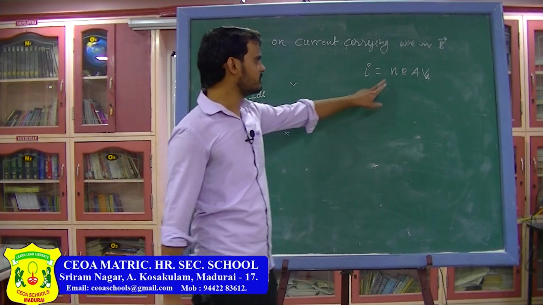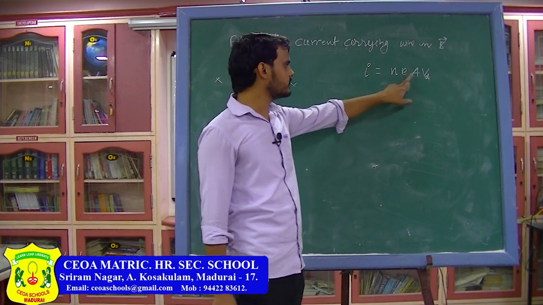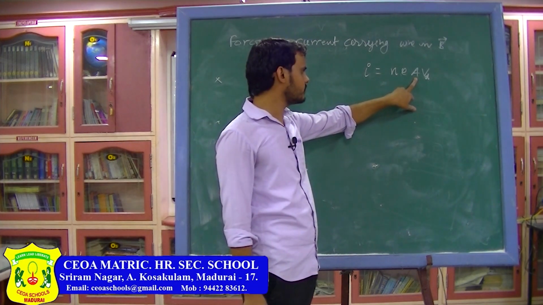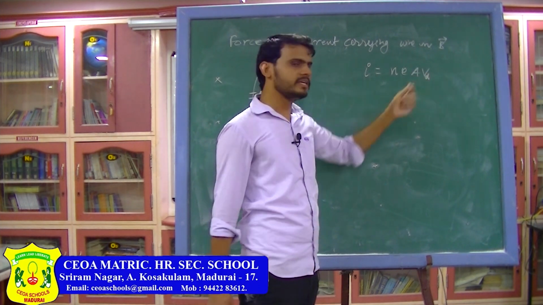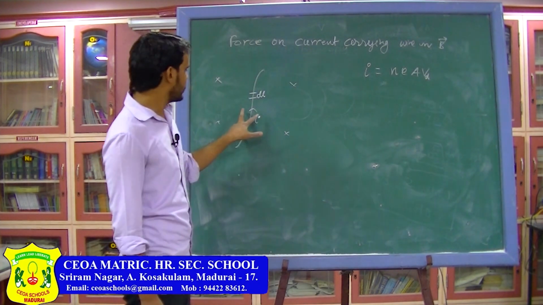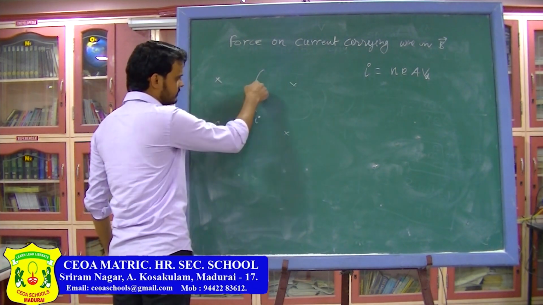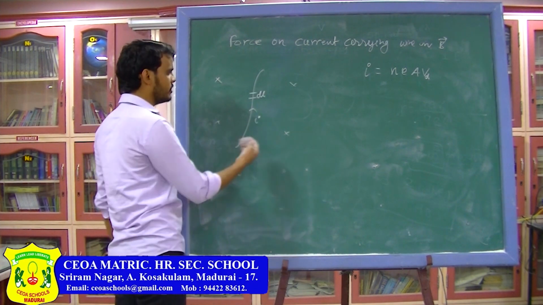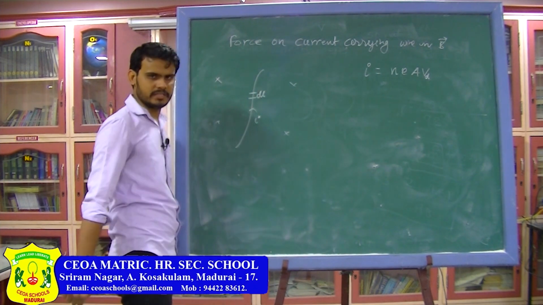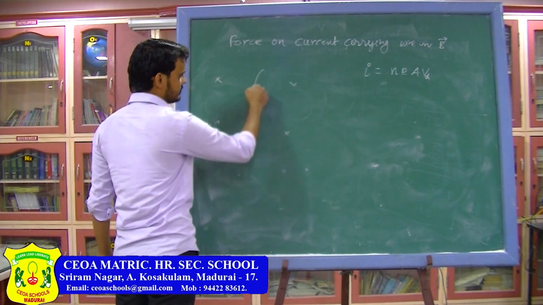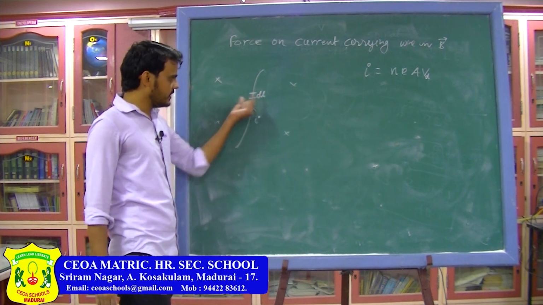Here n is the number density, e is the charge on the electron, A is the area of cross section of the wire, and vd is the drift velocity. As you can see here, the charge is moving in this direction because electrons are moving in the opposite direction, or if you want to say positive charge is moving in this direction. So here drift velocity will be in this direction, and here I can write n.